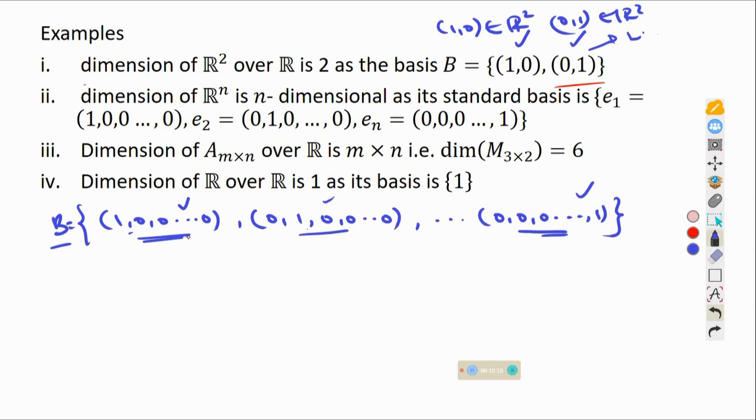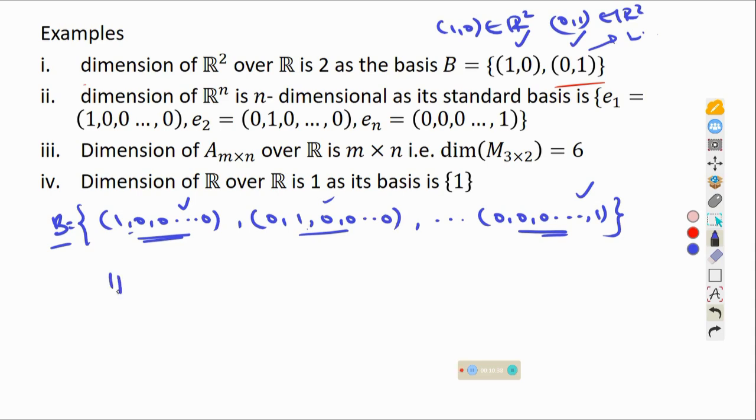So there are n elements in the basis for R to the power n. These are the standard elements within this given set. Meaning that if they change a bit, then we also need to change the condition on R to the power n. But this is the standard basis.